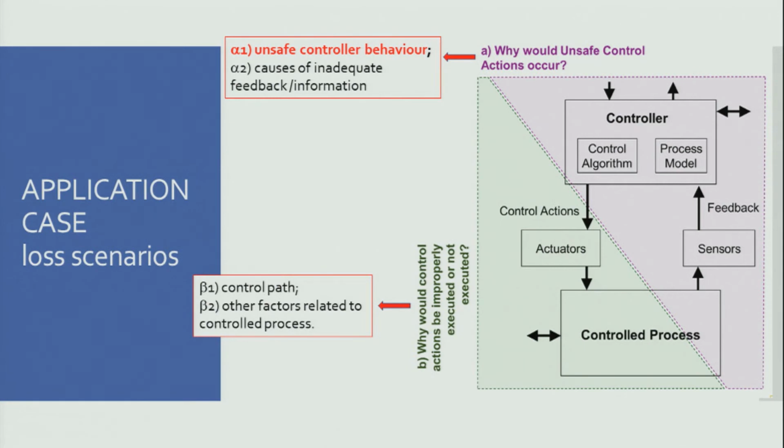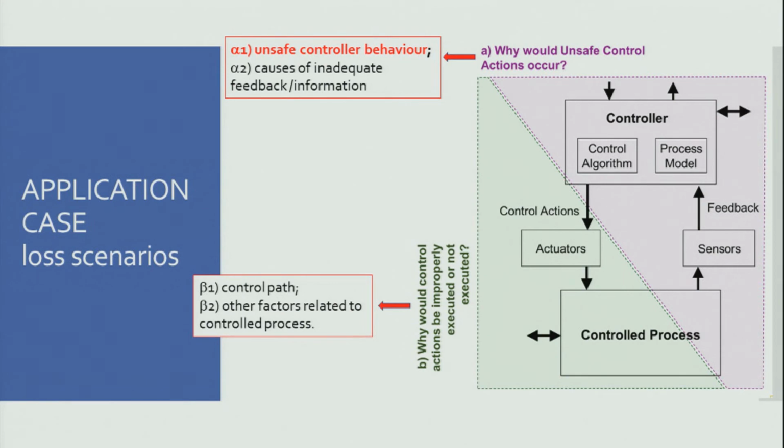And in the handbook you again find a very clear roadmap. You are supposed to ask yourself two questions. The first is, why would the unsafe control action occur? And then, why would the control action be improperly executed or not executed? And the two questions make reference to different parts of the safety control structure.